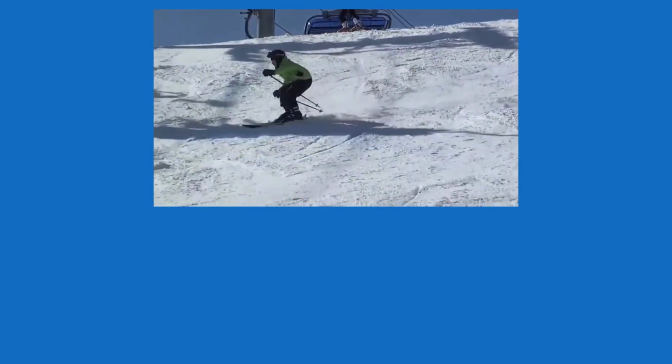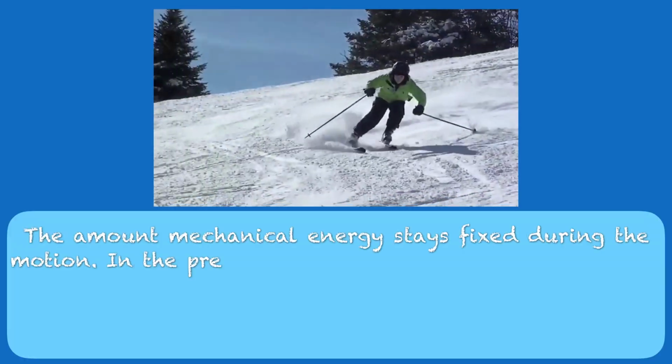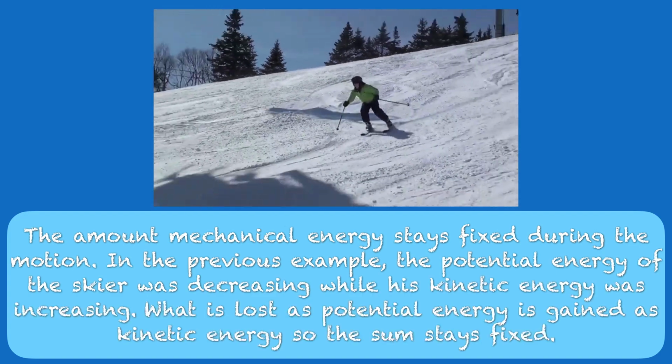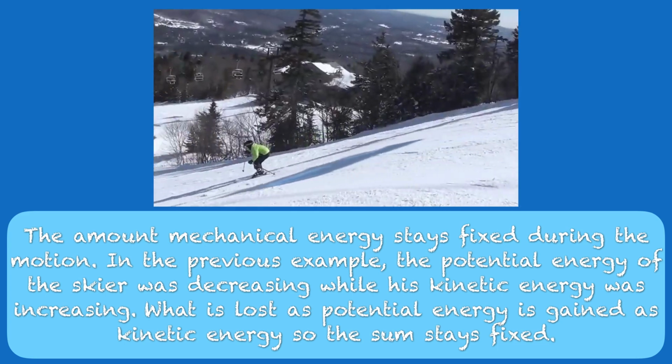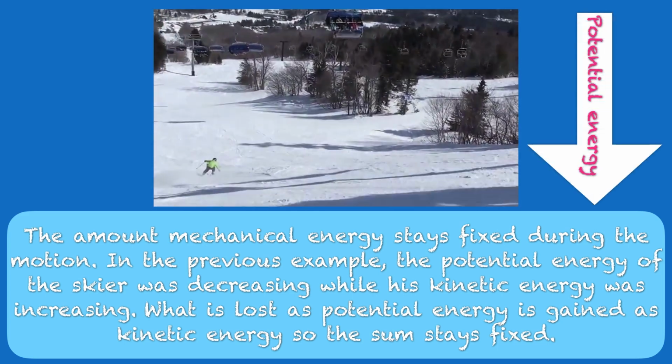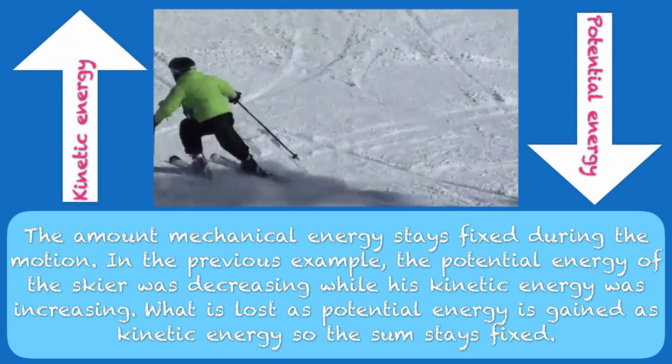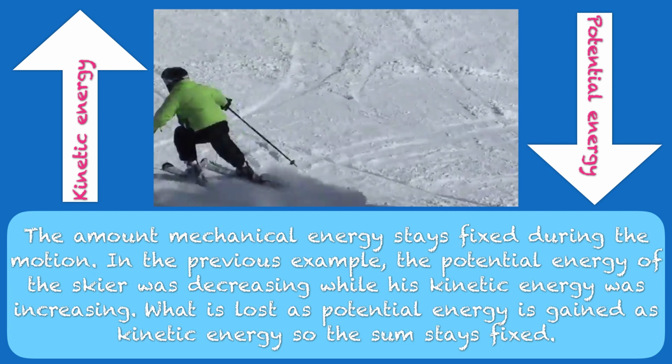What's interesting about mechanical energy is that its amount stays fixed during the motion. In the previous example, the potential energy of the skier was decreasing while his kinetic energy was increasing. What is lost as potential energy is gained as kinetic energy. So, the sum stays fixed.